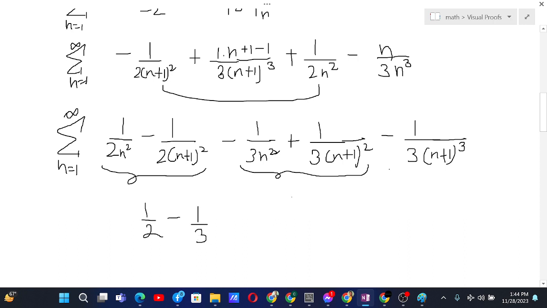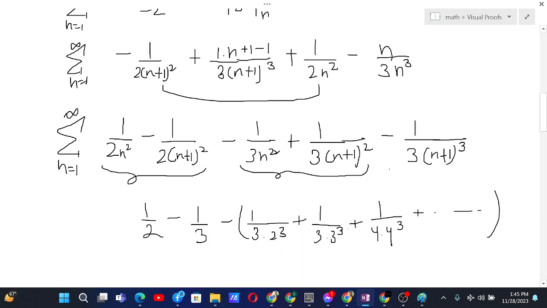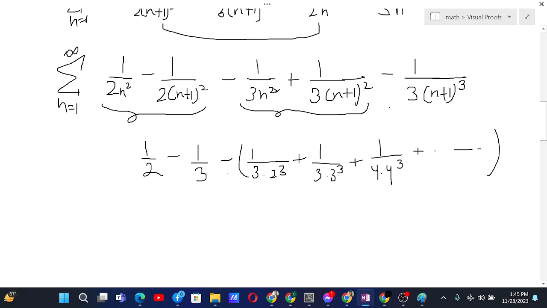And from here we will have minus 1 by 3 times 2 cubed, then 1 by 3 times 3 cubed, and 1 by 4 times 4 cubed, and so on. Now I think we can take 1 by 3 common from both of them.